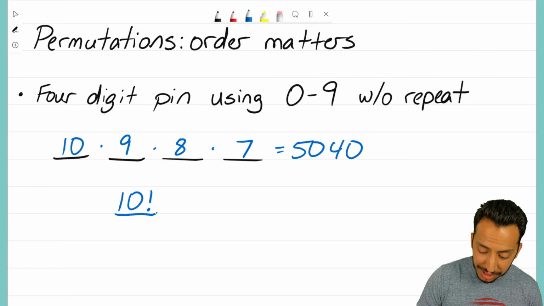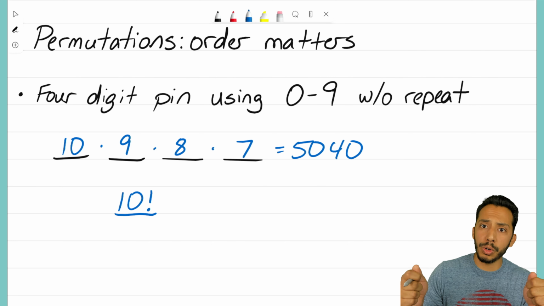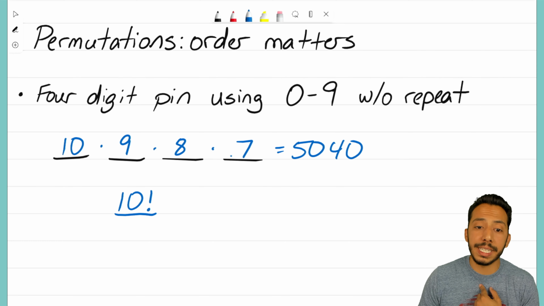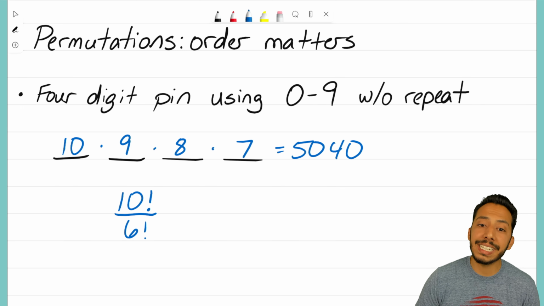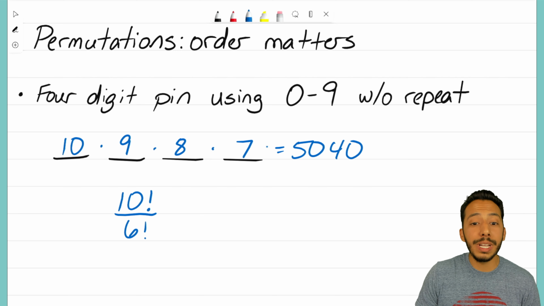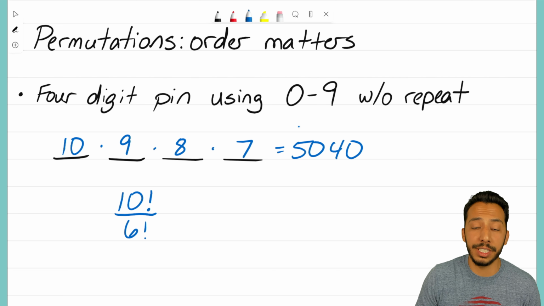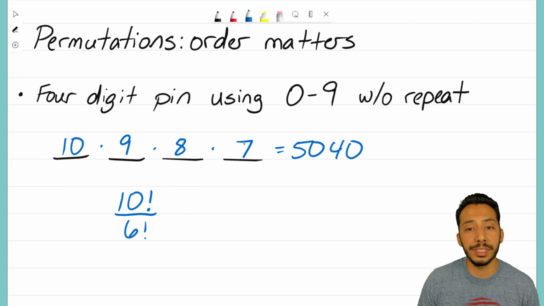And so what we can actually do is make this into a fraction where I have 10 factorial on the top because I'm choosing from 10 different numbers. But I'm actually going to remove 6 factorial on the bottom, right? 6 factorial taken out. I do not include that in my final answer here. It is missing because I only want 4 digits. I'm only taking the first 4 numbers.